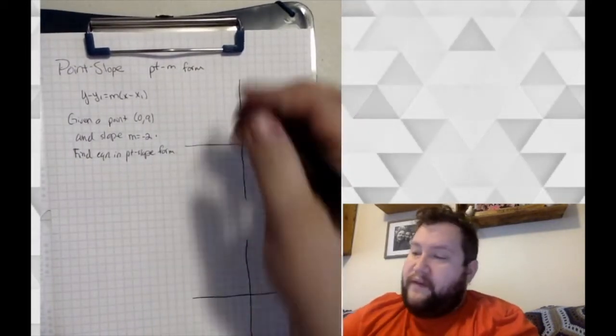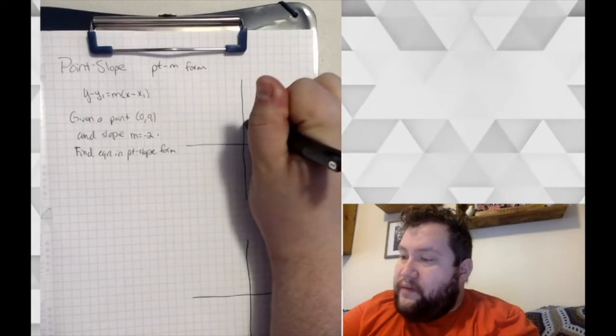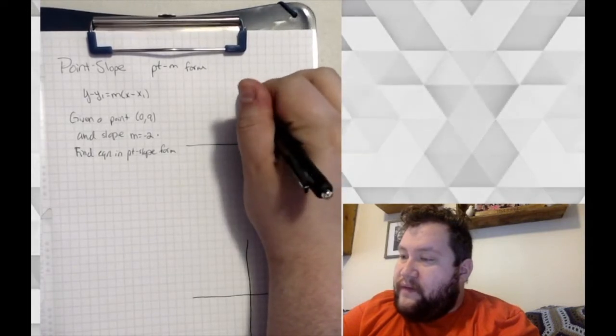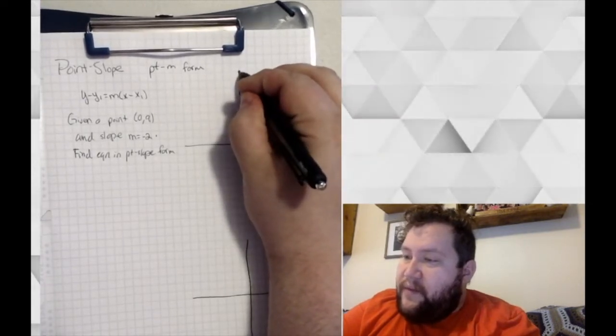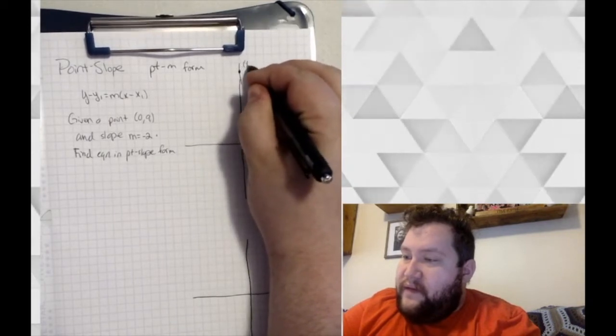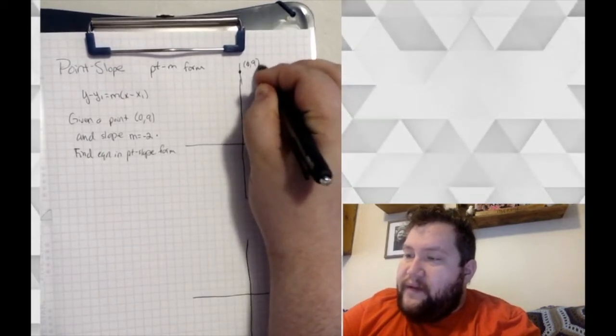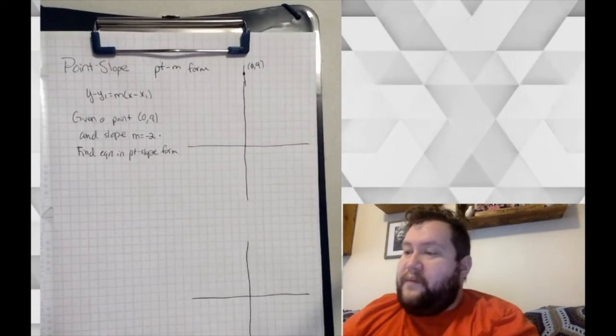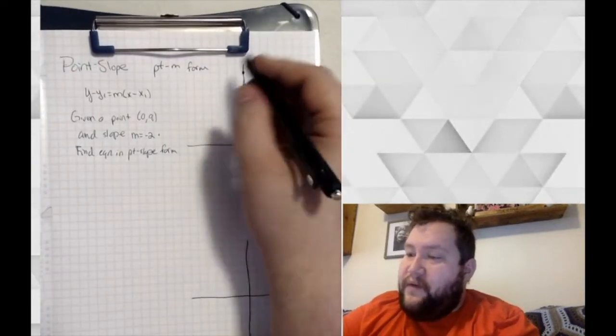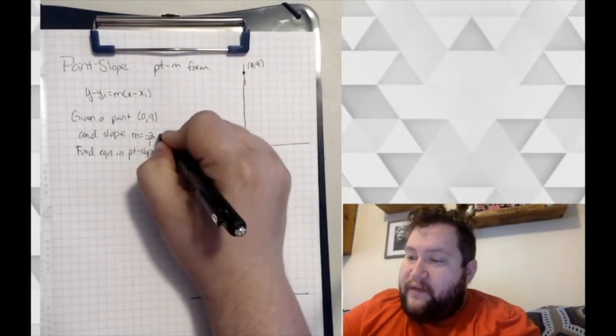So given a point 0, 9, so 0, 1, 2, 3, 4, 5, 6, 7, 8, 9. I almost went high enough. 0, 9. And slope negative 2, so that means we go rise over run.